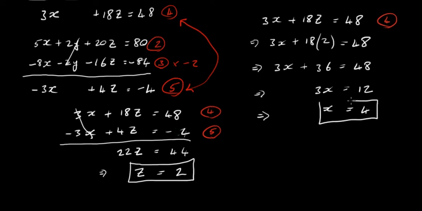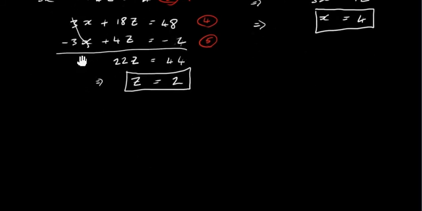So now I know what x is and I know what z is. So let's take equation number 1, which is just simply x plus y plus z equals 16. This was equation number 1. And let's just substitute in our x and z.